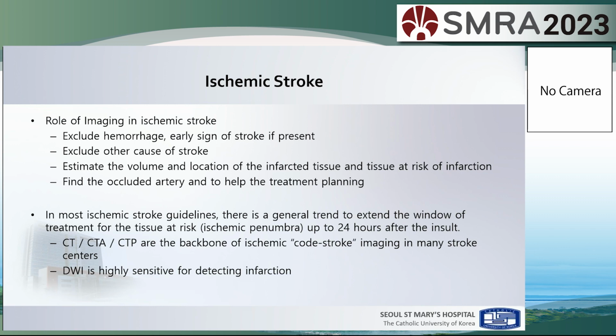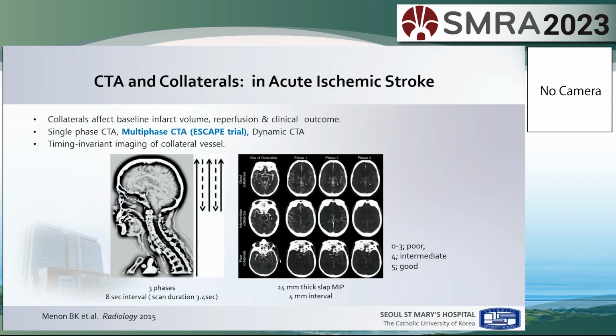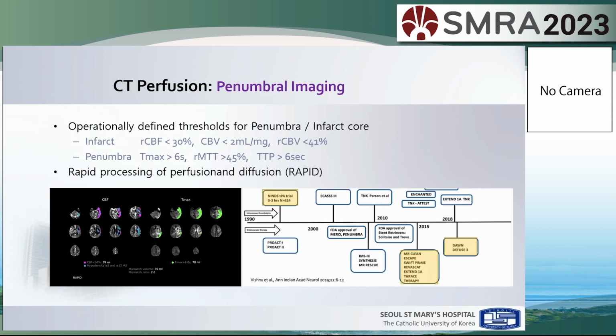But still, DWI is highly sensitive for the detection of infarction, so it has potential, I believe. So at the moment, CTA, including three-phase CT angiography suggested by the group, is quite widely used for the evaluation and estimating outcome of the acute ischemic stroke.